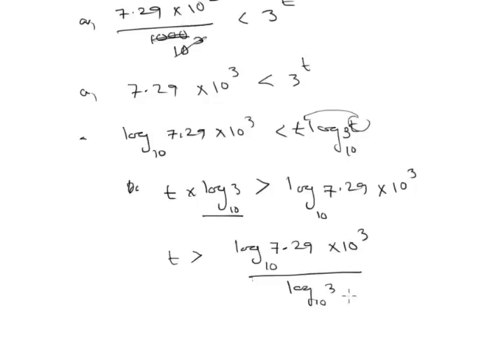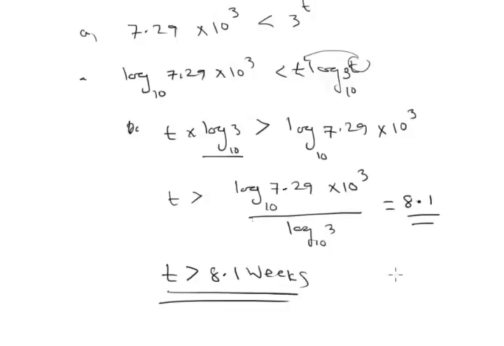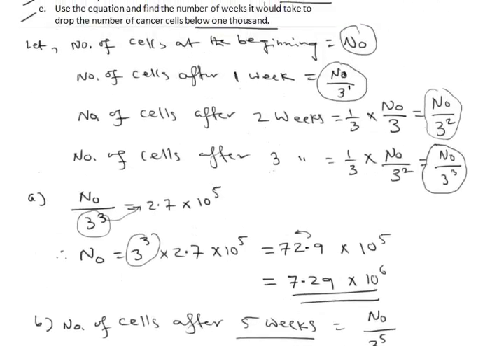If we calculate this using a calculator, we will get approximately 8.1. So t must be greater than 8.1 weeks. So after 8.1 weeks, the number of cells will go below 1000.